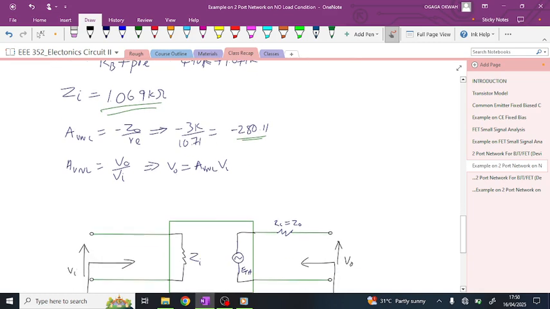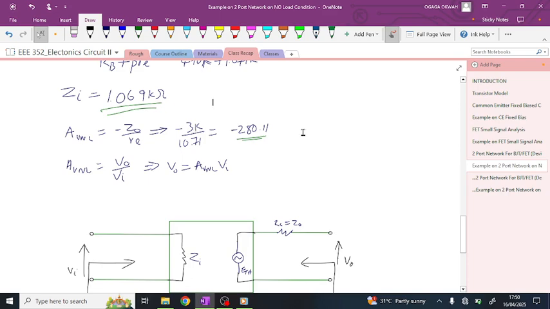So at no load, the voltage gain at no load equals output impedance over ROE. ROE is this.